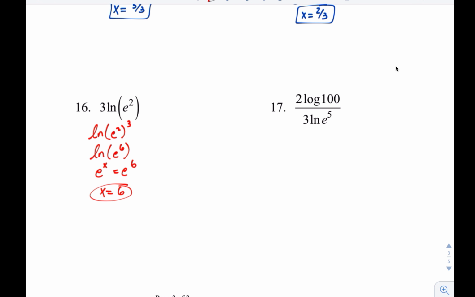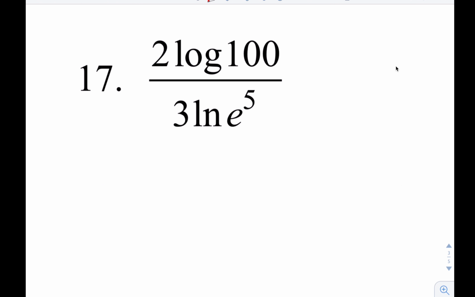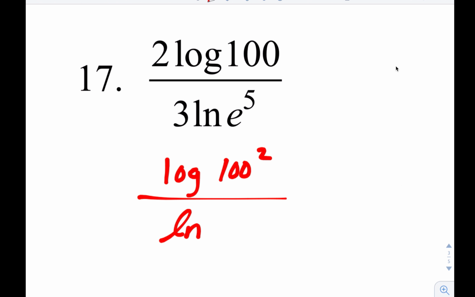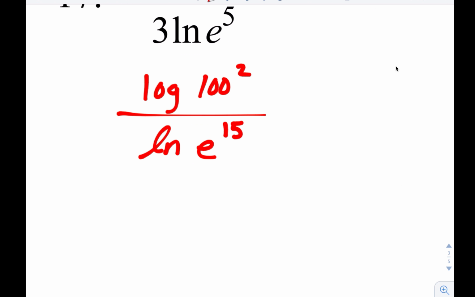All right, and then the last one: 2 times log of 100 divided by 3 times ln of e to the 5th. This is now going to become log of 100 squared divided by ln of e to the 15th. Let's see.